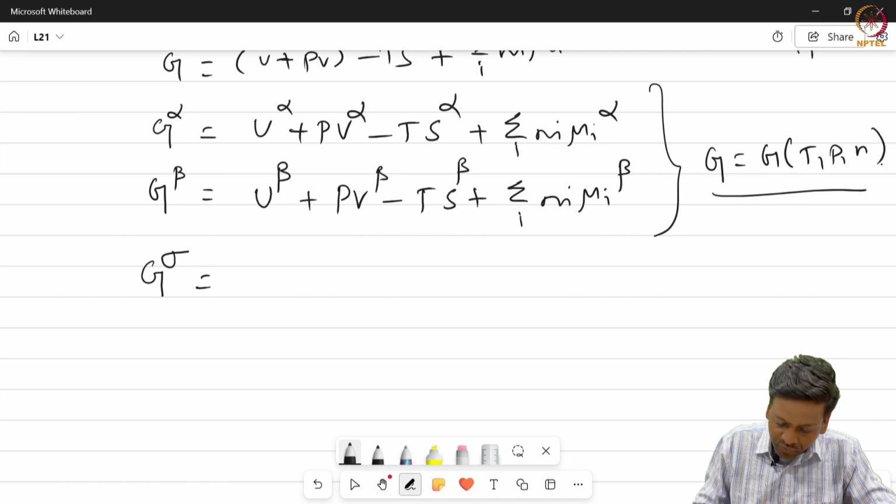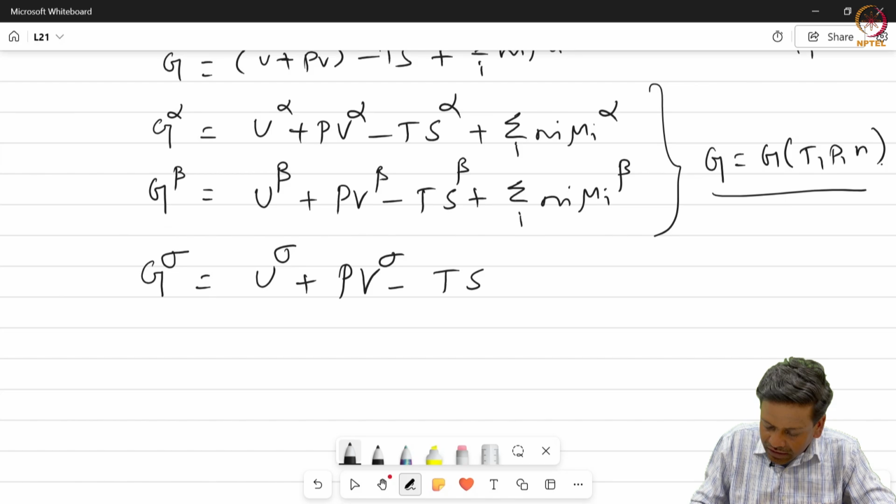whereas for sigma, which is the interface, you can also express this explicitly for the interfacial boundary. You can say that as U sigma plus PV sigma minus TS sigma plus summation over i of n_i mu_i sigma.